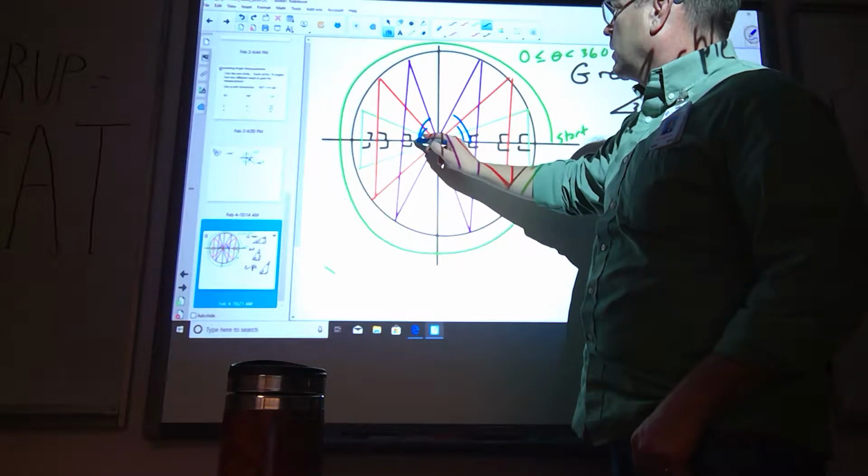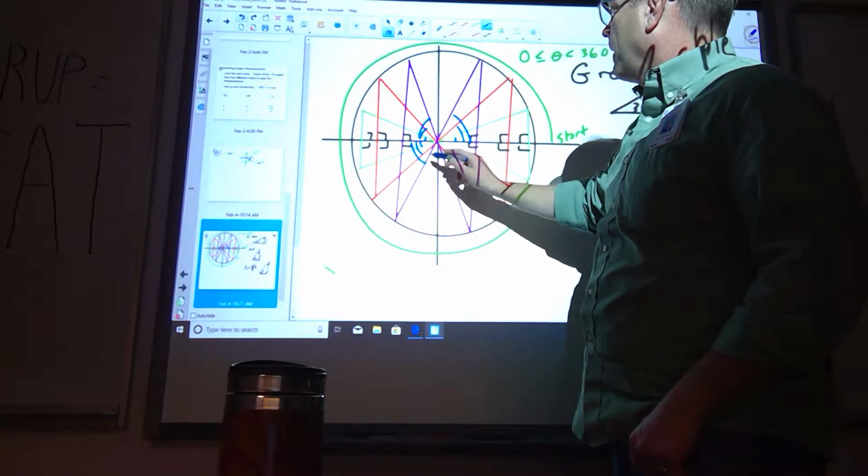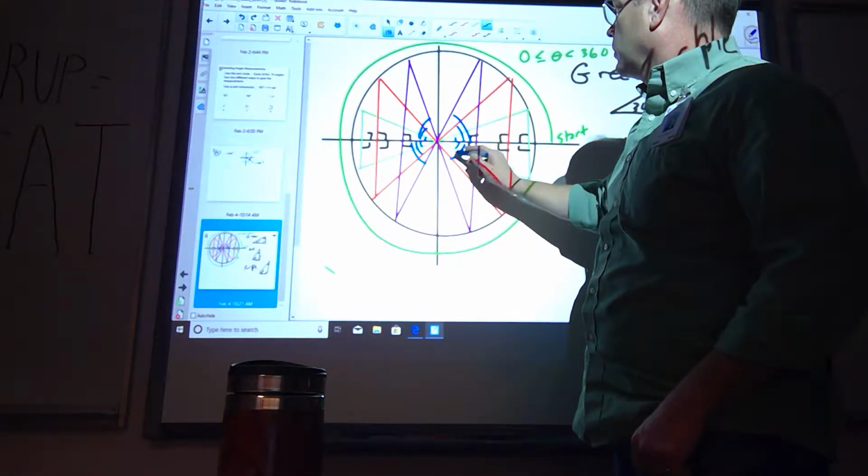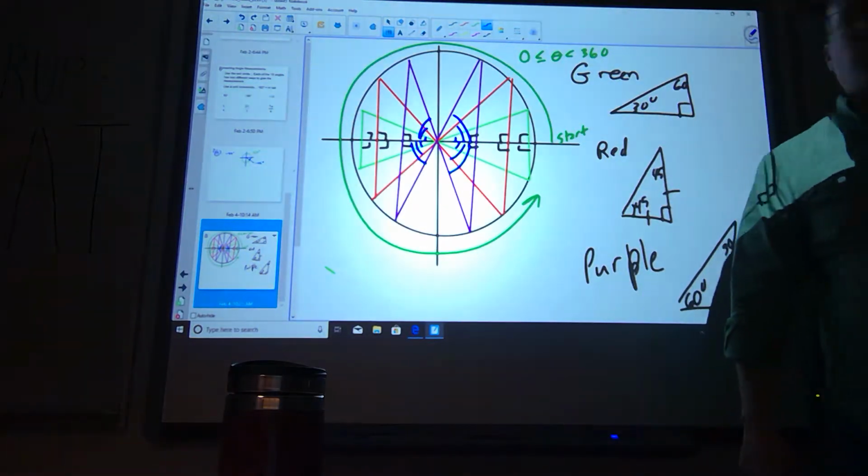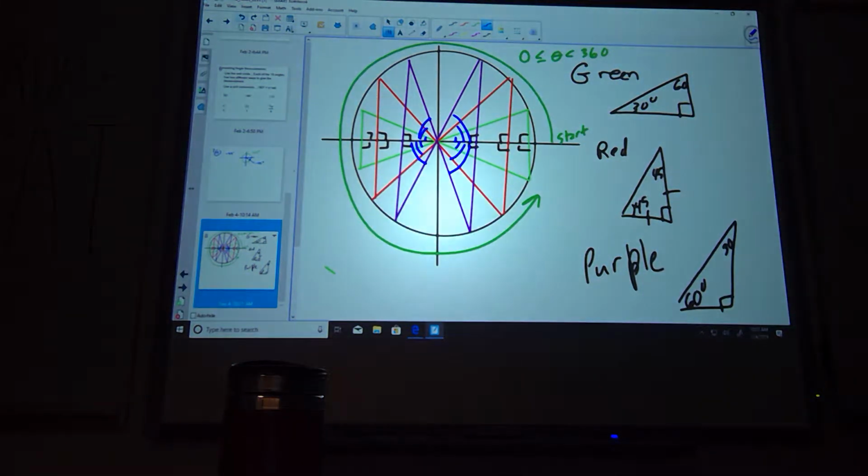And then let's see if I can draw that a little better. Okay, so really, on 36 or 44, all you're doing is you're telling me if it's a 30, a 60, or a 45. Okay, it's coming off the x-axis.